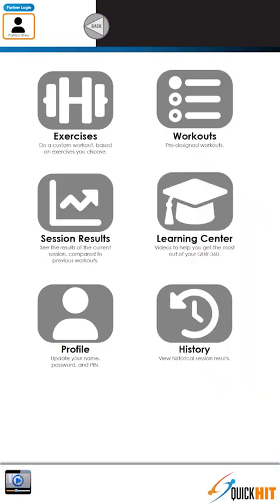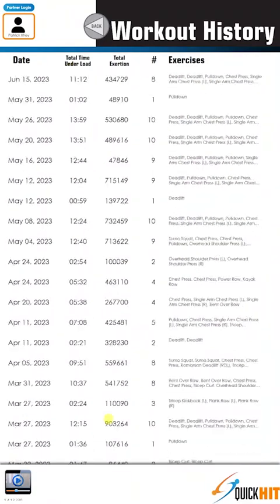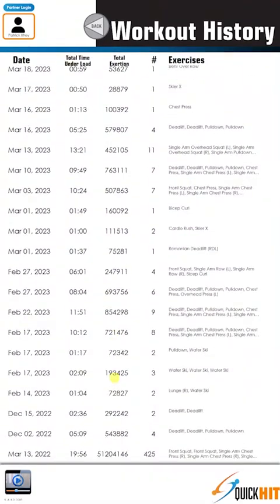Okay? And we already talked about the profile, then you got your history button. So this is like the history of the workouts that have happened. So you can always go back and look and say, okay, on September 23rd, I did a bicep curl and this, and then I did these 4 exercises. And you can see I got a lot of data that goes back and back and back.